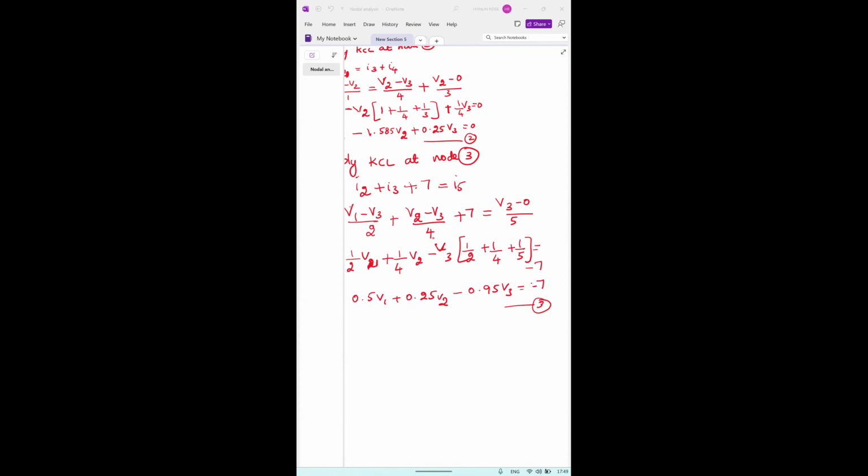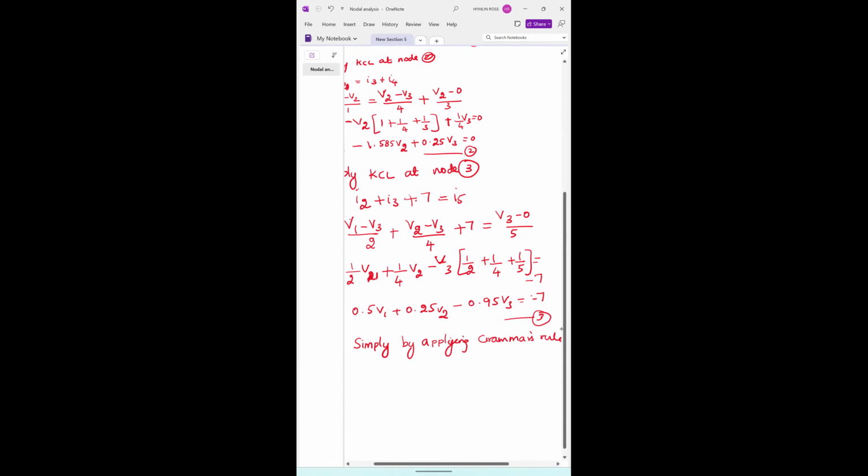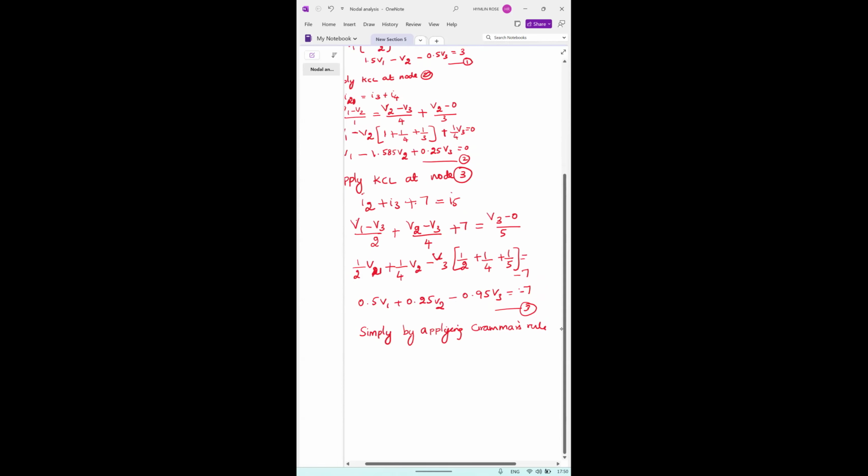Now you have to simplify this by applying Cramer's rule. So what is the first equation? The first equation, form it as a matrix: 1.5, minus 1, minus 0.5.